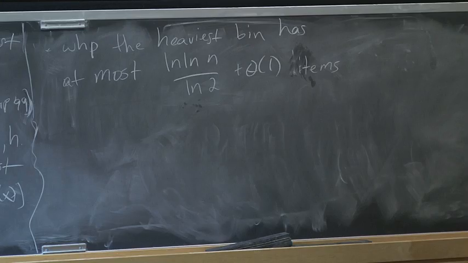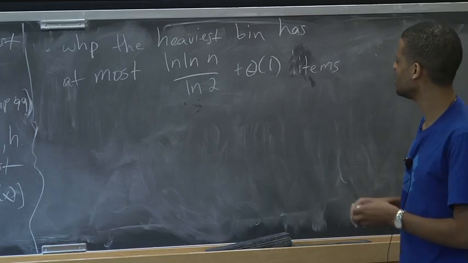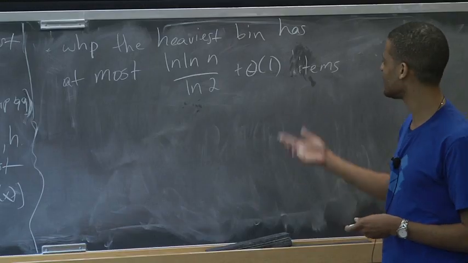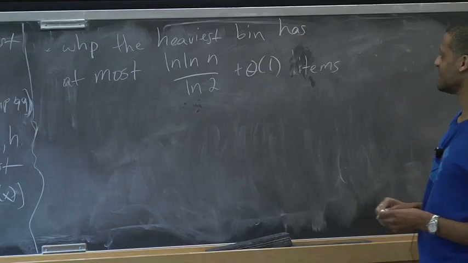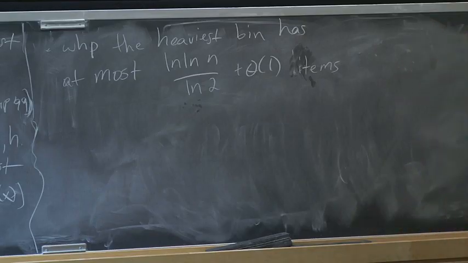So this is what's called the power of two choices. You do exponentially better, right? The difference between roughly log n over log log n and log log n is exponential just by this simple thing. Now that I told you that, what's a natural thing to ask? Power of three choices.